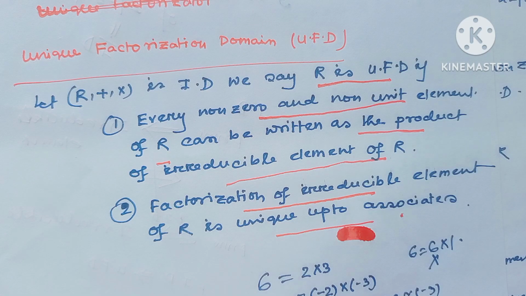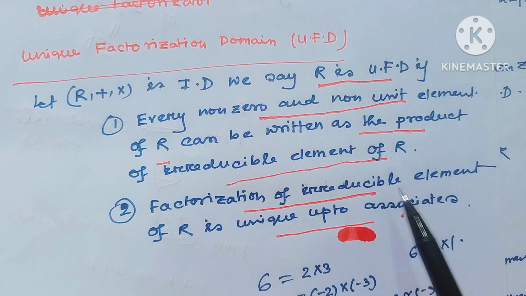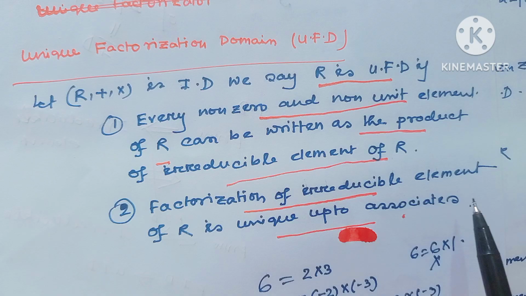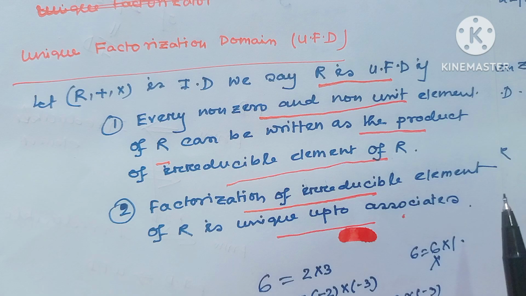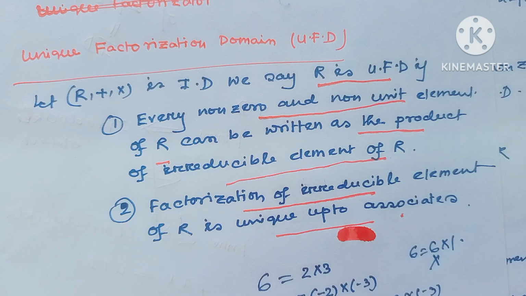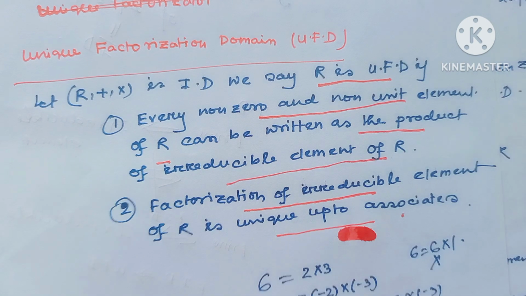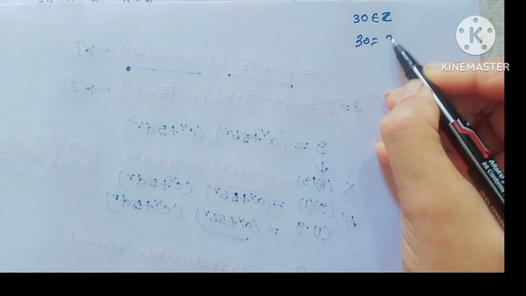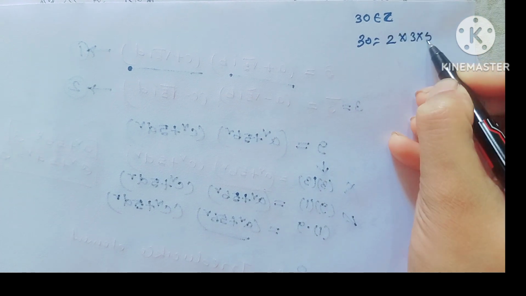Actually, in Z we can write every element as product of irreducible element, and factorization of this irreducible element is unique up to association. So Z is always unique factorization domain. Similarly, if we consider 30 in Z, this 30 belongs to integer. 30 we can write this as 2 times 3 times 5.